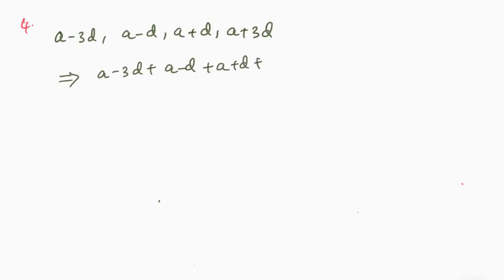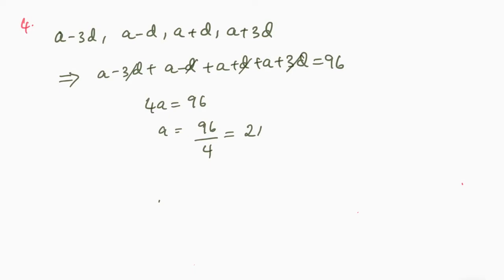Minus 3d and plus 3d get cancelled, so 4 times a is equal to 96. a is equal to 96 by 4, so you get a as 24.